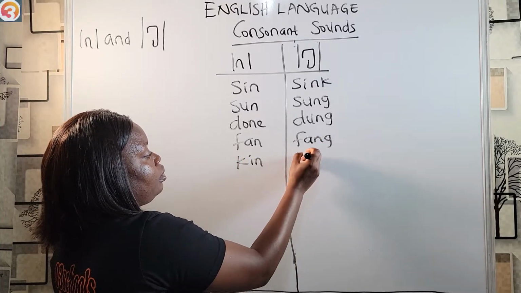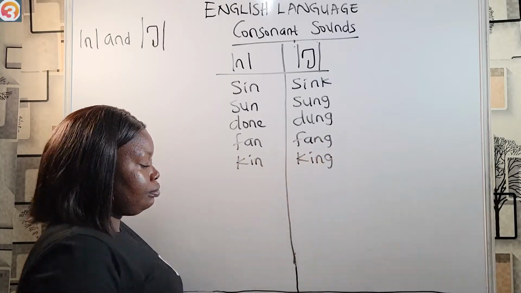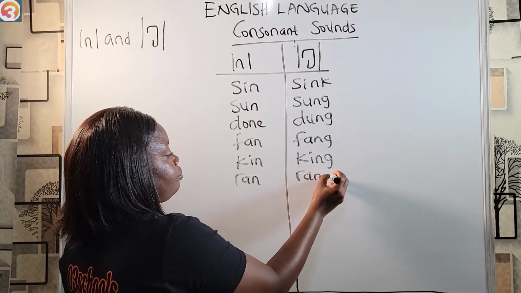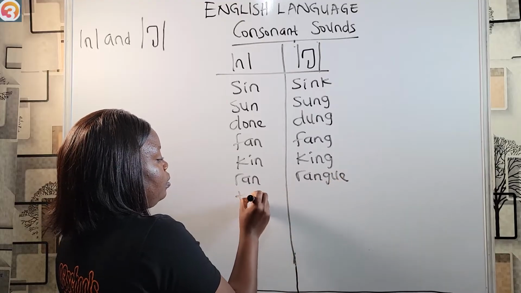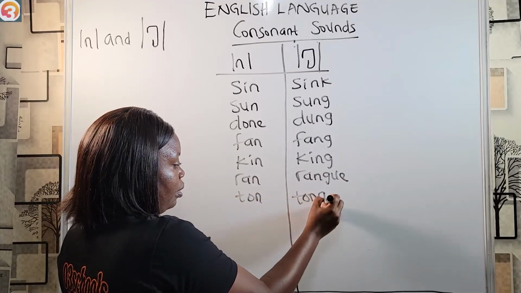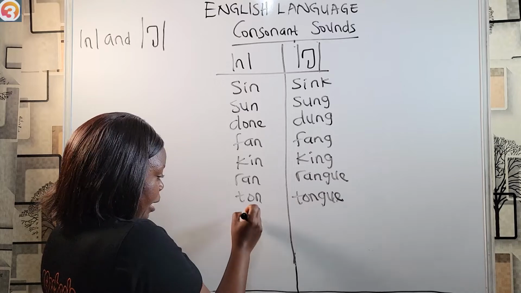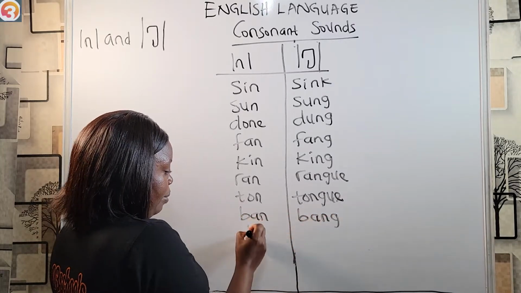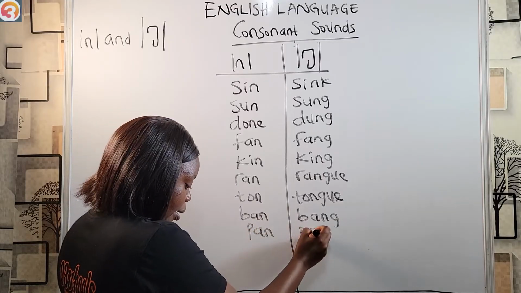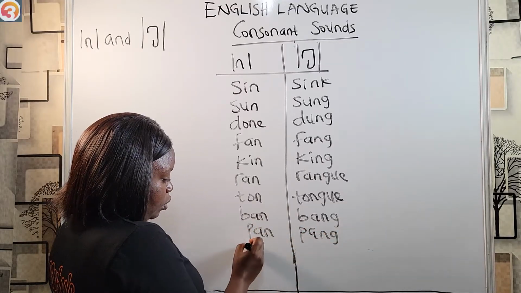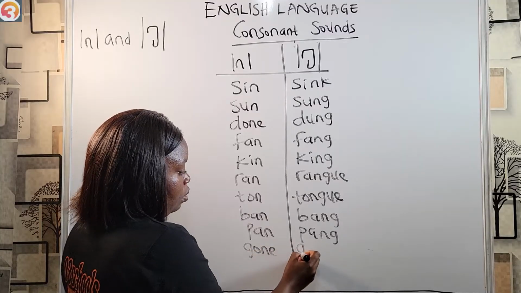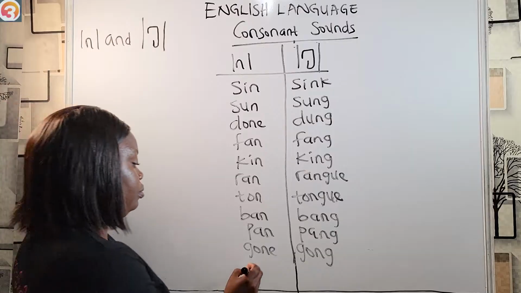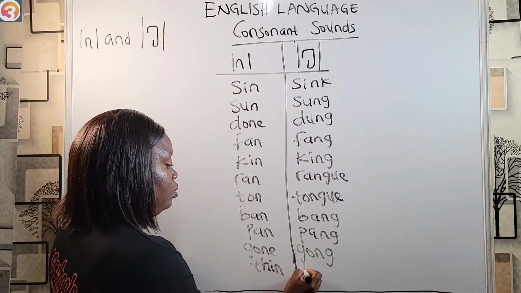keen, king. Words like this: ran, rang, tan, tongue. Words like ban, bang, pan, pang, gun, gong, thin, thing.